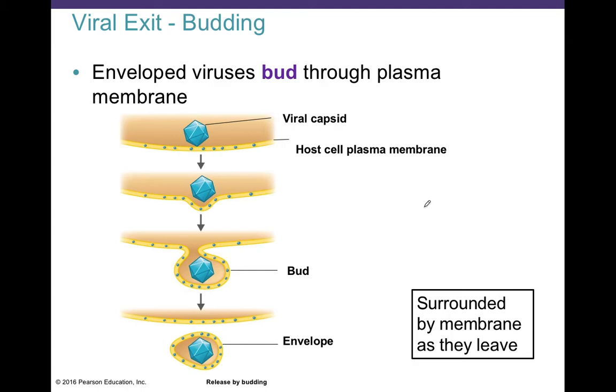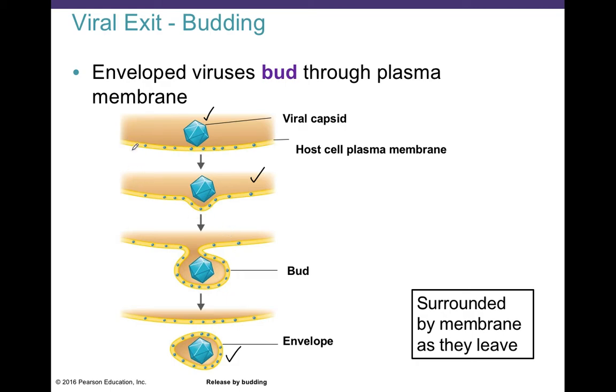Here's a diagram showing this in a different way. They've drawn this upside down from my picture. Here we have the capsid assembling near the plasma membrane, pushing out of that plasma membrane, and eventually detaching itself. That means the virus is going to be surrounded by the envelope as it leaves.